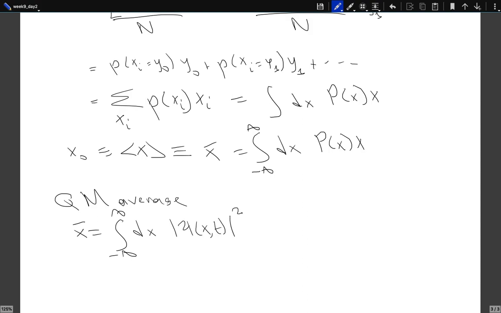Let me also put the time dependence, which is usually written in this form. So soon it will be clear why we separate the conjugate and the wave function like this. This is the average.